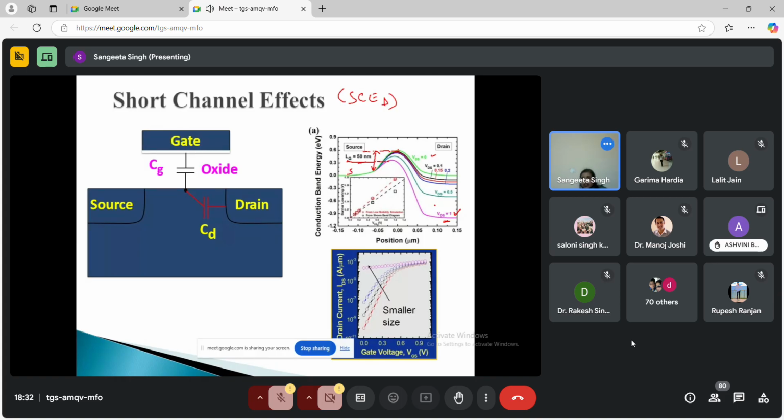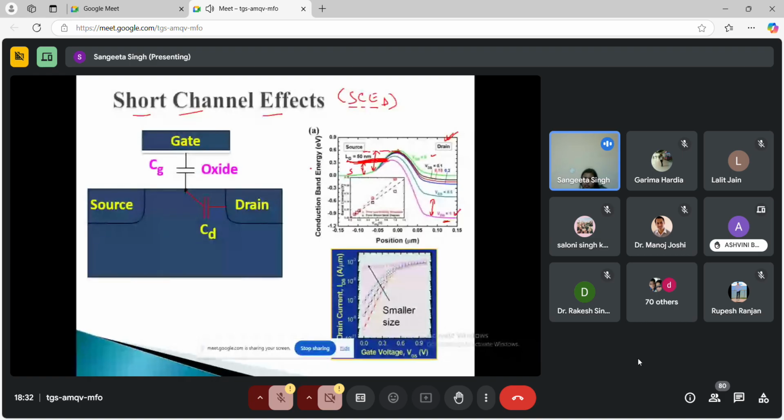If you are applying something at the drain side, it should only affect the drain, but it is also affecting the source and channel barrier, and this is called short channel effect, SCE, right?